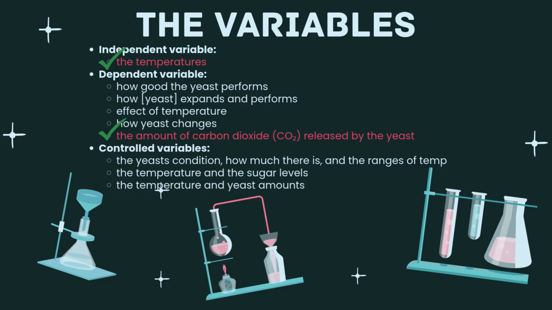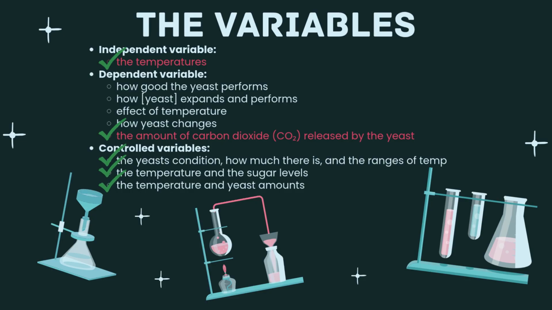experiment. So we've identified the independent variable, that's the temperatures, and the dependent variable, which is the amount of carbon dioxide released by the yeast. Now, the control variables that you gave me are the following: the yeast condition, how much there is, the ranges of temperature, the temperature and the sugar levels, the temperature and yeast amounts. And yeah, I think all of those work as controlled variables, right?